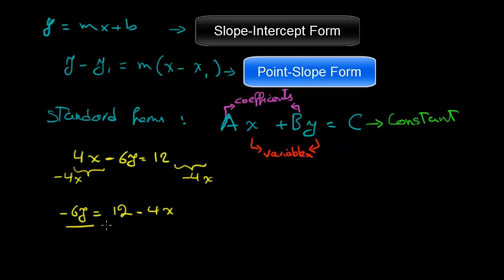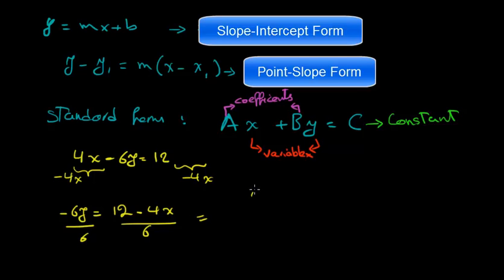Then we divide both sides by 6. We have done that before many times. Then we'll have y equals 2 minus 2x, and we rearrange that. We'll have y equals minus 2x plus 2.